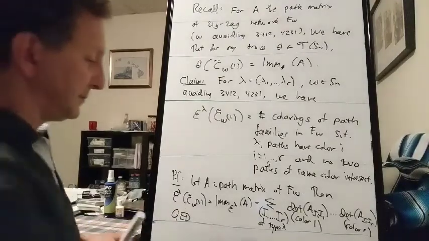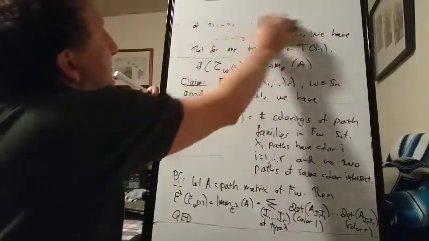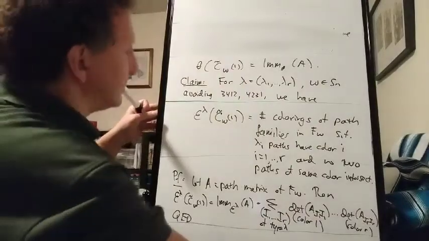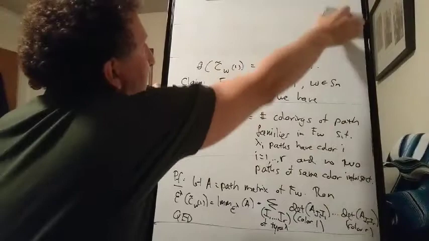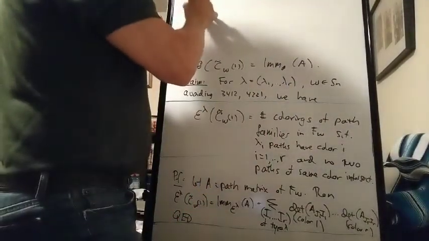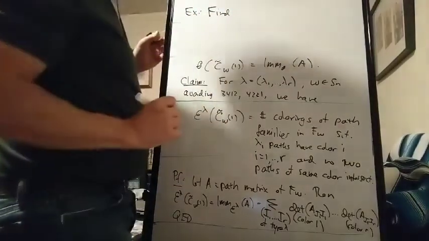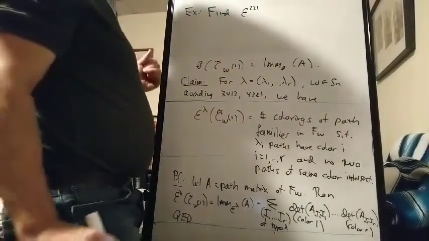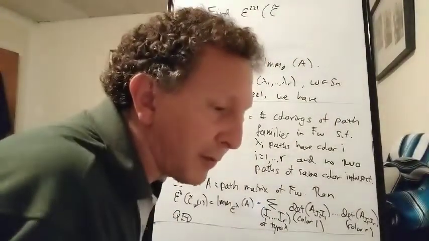So let's do an example. Let's find the 221 induced sign character of the Kazhdan-Lusztig basis element indexed by 34521.